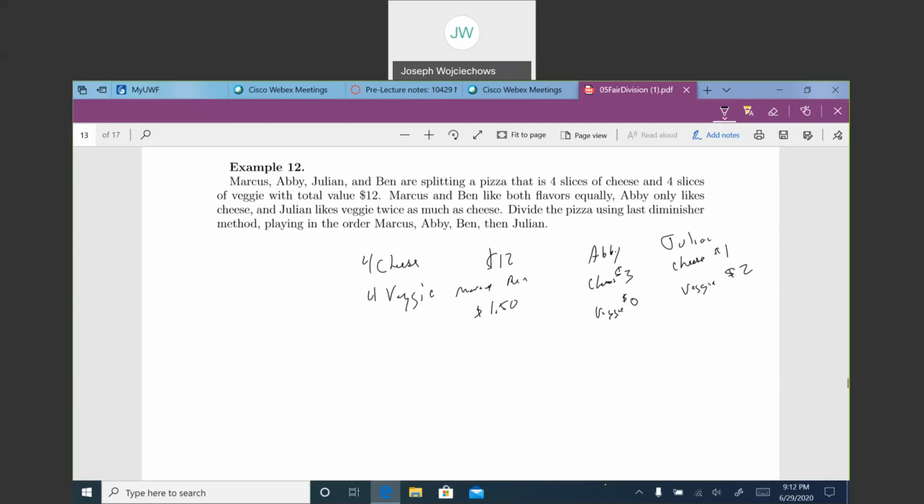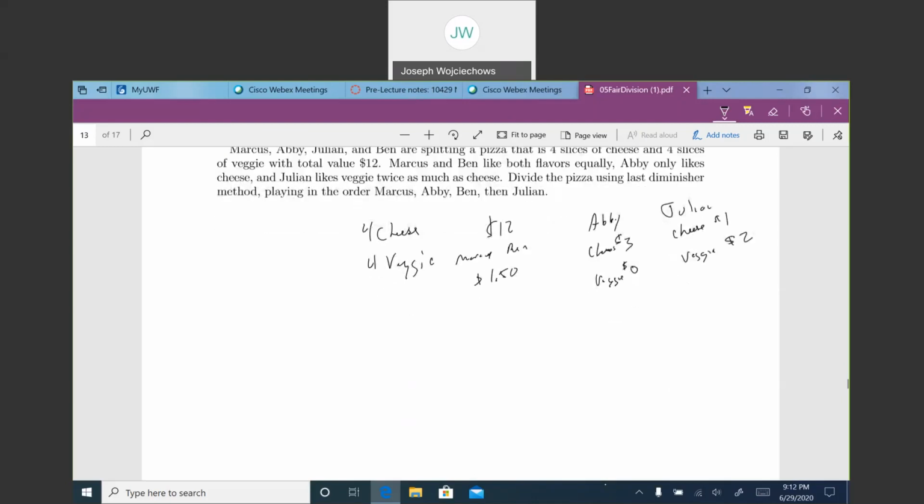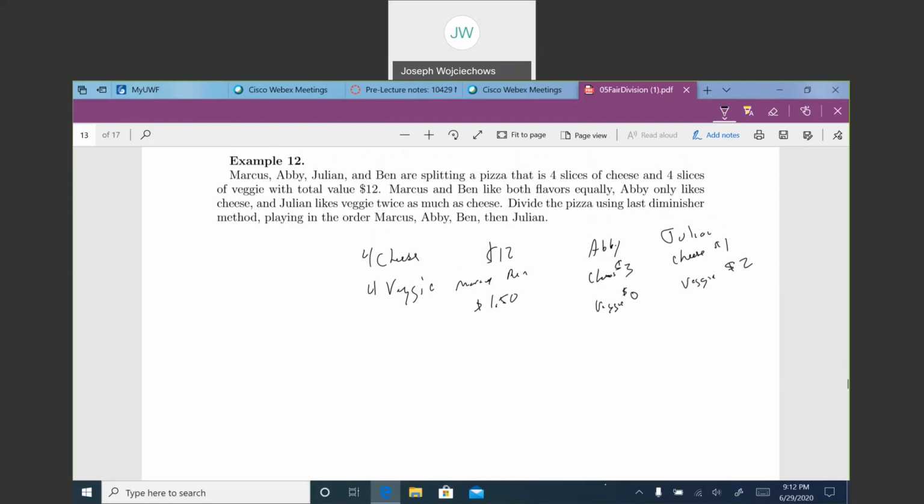Okay, so we're going to divide this pizza using the last diminisher method, playing in the order Marcus, Abby, Ben, then Julian. So Marcus would probably split it, let's just say 1 cheese, 1 veggie.